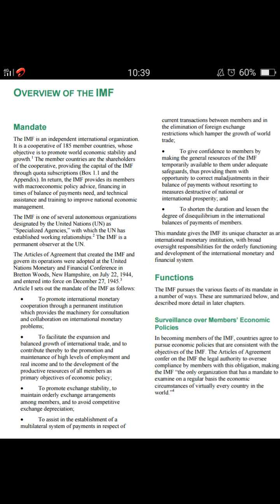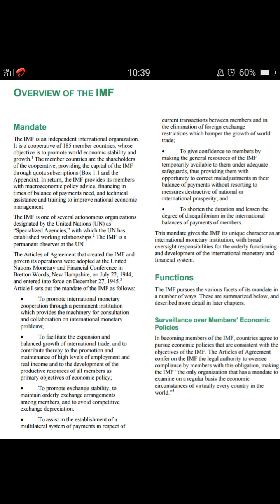Dear students, in the last lecture, we have completed the details about World Bank, which is one of the financial institutions established for promotion of international trade.